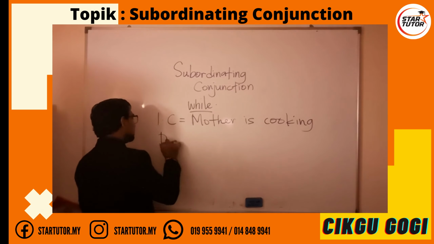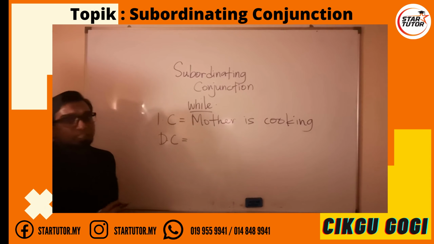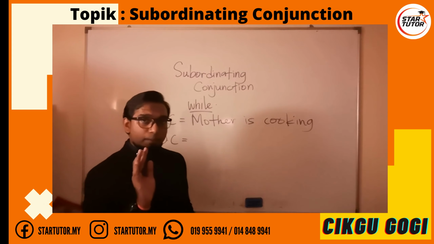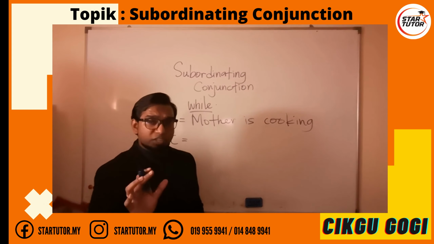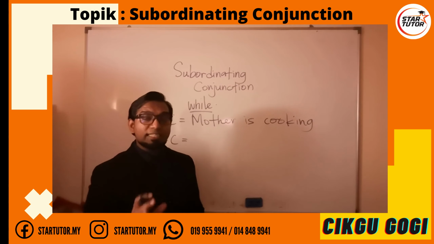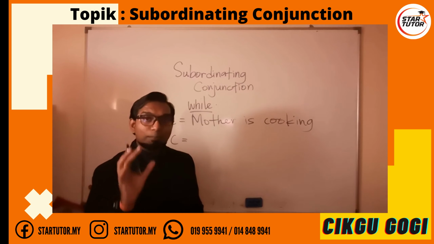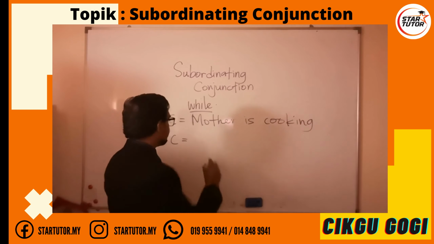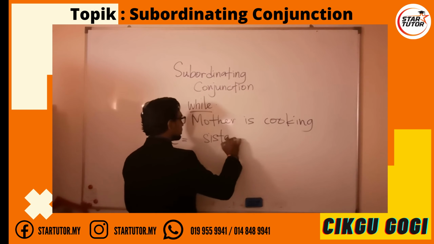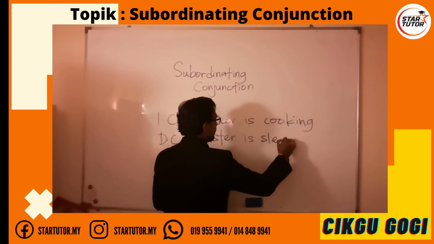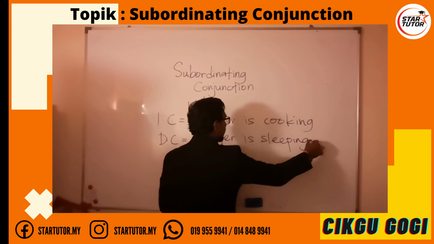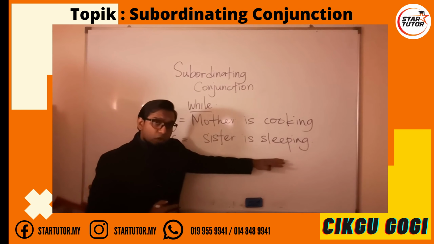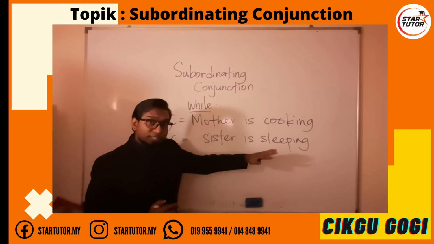A clause like this can be a complete sentence, but when we add a subordinating conjunction, it becomes a subordinating clause, and together it becomes a dependent clause. I'll show you. When you read this sentence, "Sister is sleeping," it is an independent clause, a complete sentence because it has a meaning.